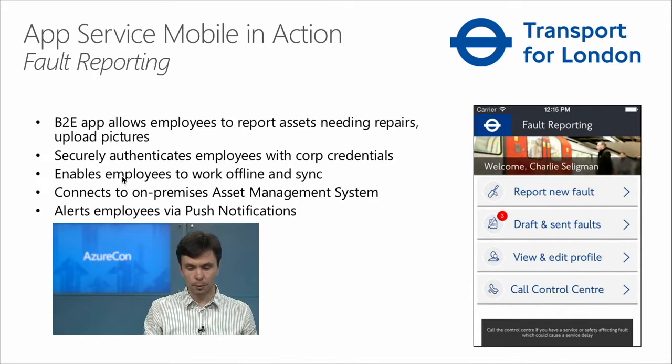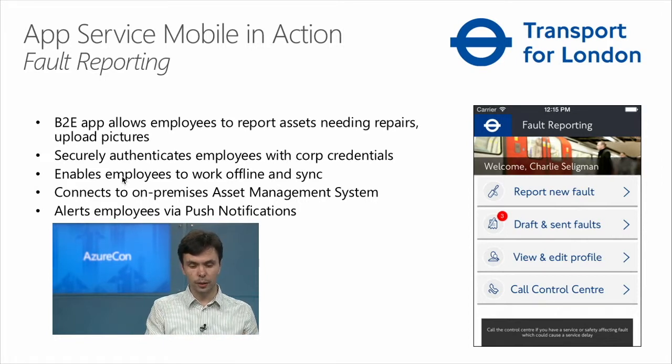They built an app, an iOS app called Fault Reporting, that allows employees to authenticate using their corporate credentials, take pictures of assets that need repair, benches, signs, add comments and submit those reports. It allows them to do that in offline mode when connectivity is not available, since it's pretty often the case in the underground.